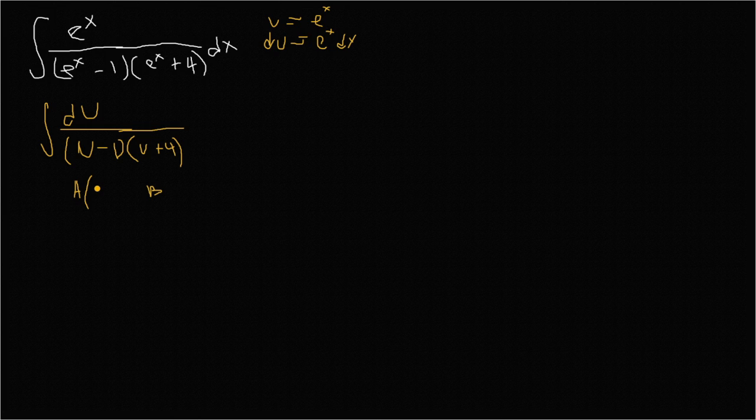So I'm going to write this, a over u minus 1, and then plus b over u plus 4 du.